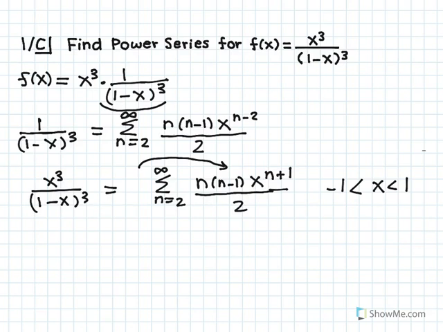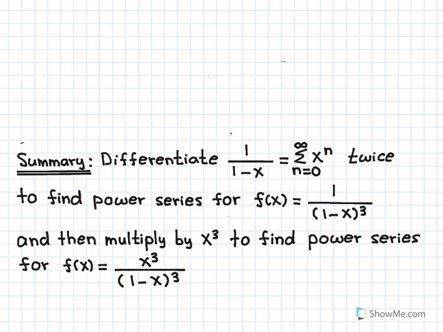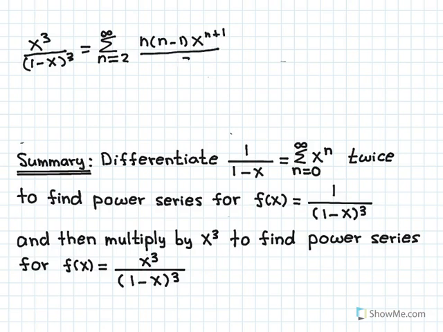All right, so expanding out this power series, we're going to get x cubed divided by 1 minus x to the power of 3. This is equal to summation n equals 2 to infinity, n times n minus 1, x to the power of n plus 1, divided by 2. This is equal to, so let's plug n equals 2. The first term will be 2 times 1, x to the power of 3, divided by 2.